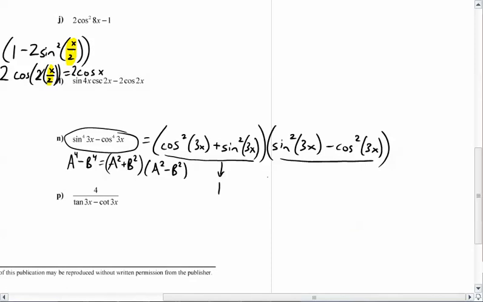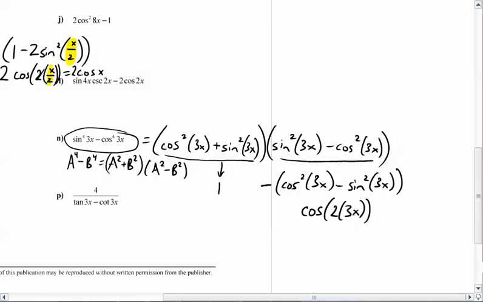So this is the same as negative cosine squared blah minus sine squared blah, which is the same as cosine 2 blahs. So I'm just replacing the 3x with theta and trying to make the equation match up. So if I do 1 times that expression, it doesn't change it. So this is negative cosine 6x.